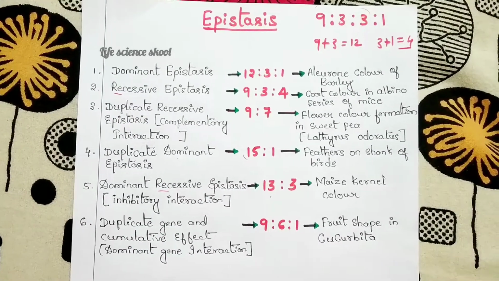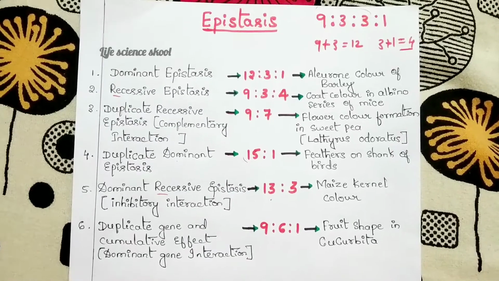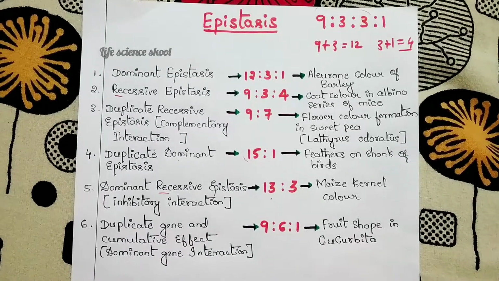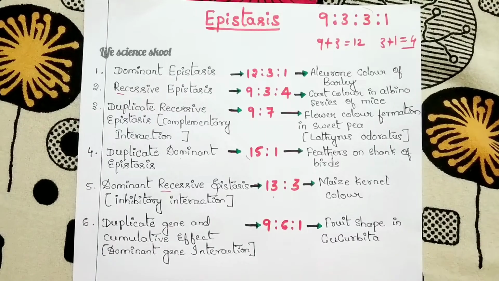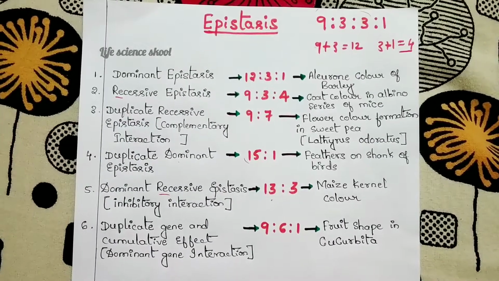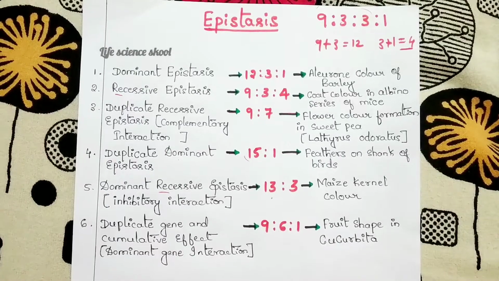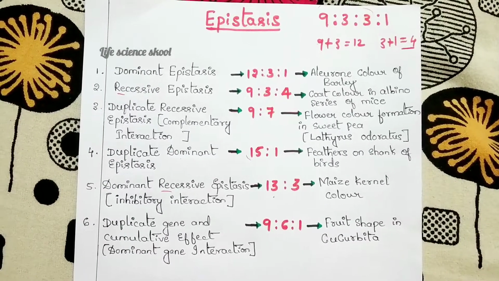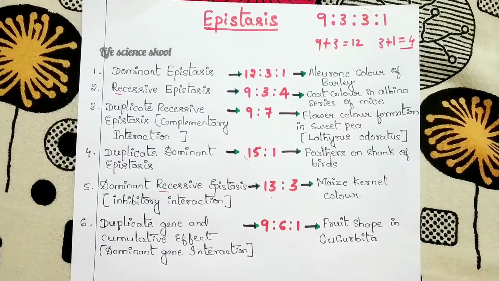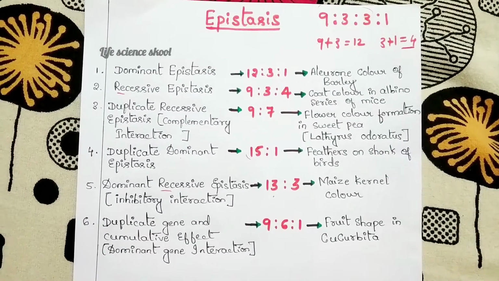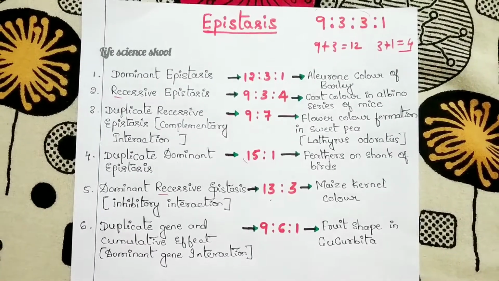In humans, tyrosinase is the one which helps in production of melanin pigment. If there is a mutation or an absence of that, there is no coloration. So albino means lack of coloring. So the coat color in albino series of the mice.